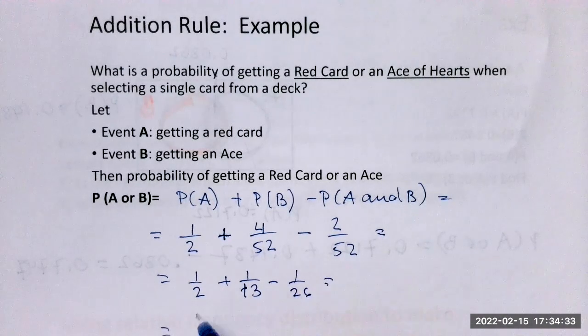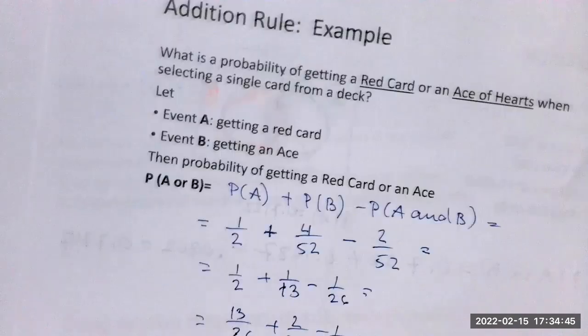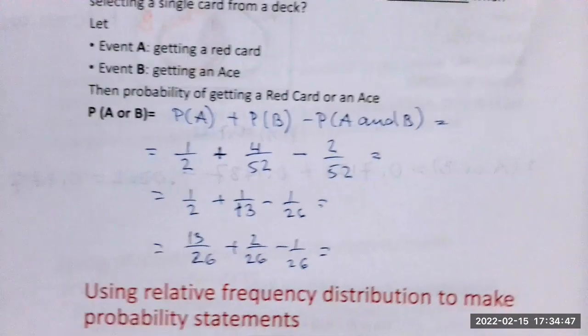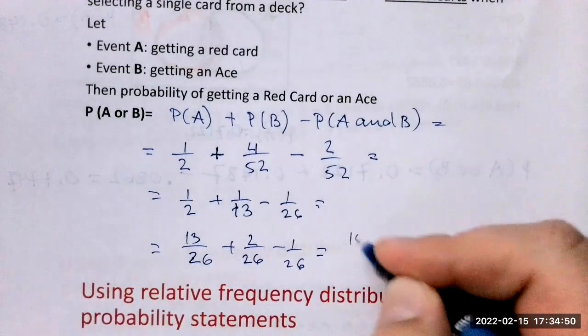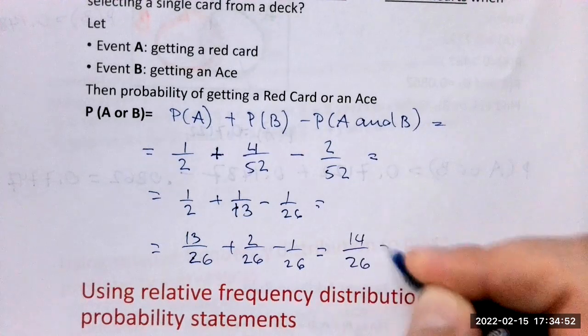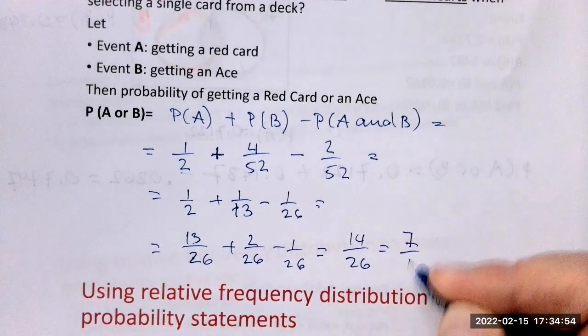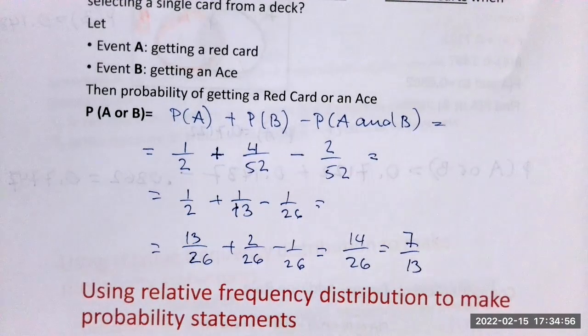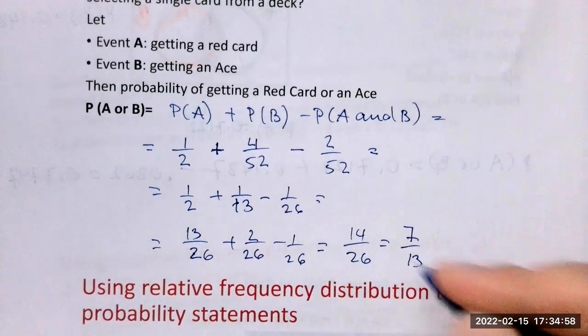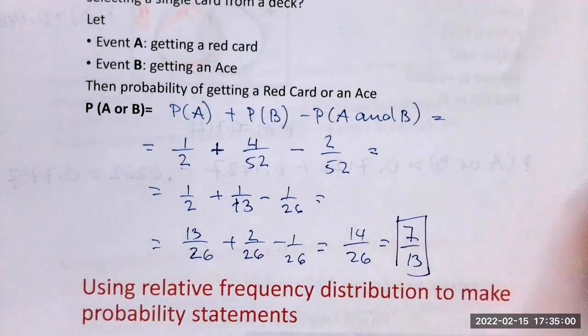So we're going to have 13 out of 26 plus 2 out of 26 minus 1 out of 26. So the end result is 14 out of 26, which will simplify to 7 out of 13. So that's our answer right there.